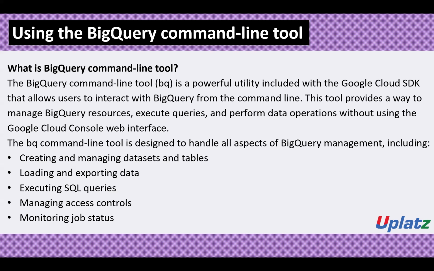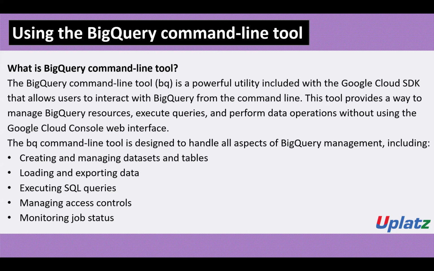So the BigQuery command line tool provides a way to manage BigQuery resources, execute queries, and perform data operations without using the Google Cloud console web interface. So if you don't have the option of the Google Cloud console web interface, then you can go ahead with the Google Cloud command line tool.